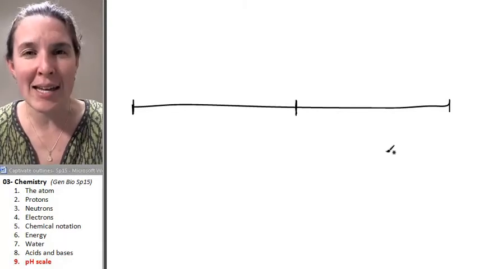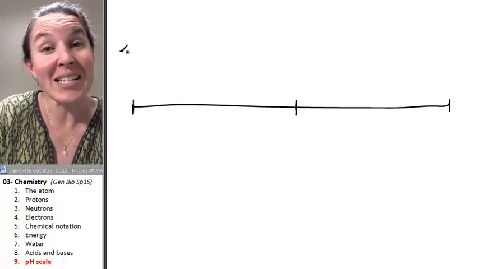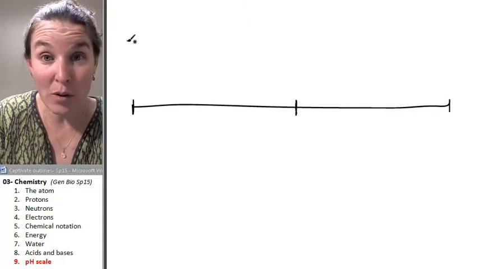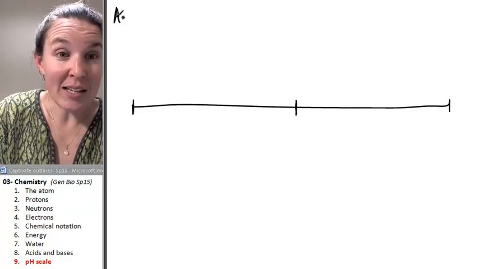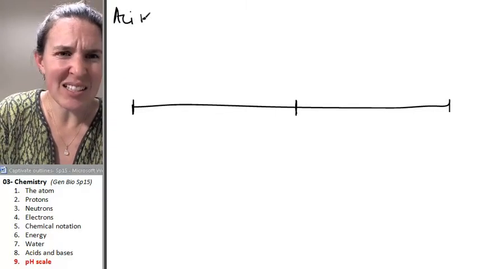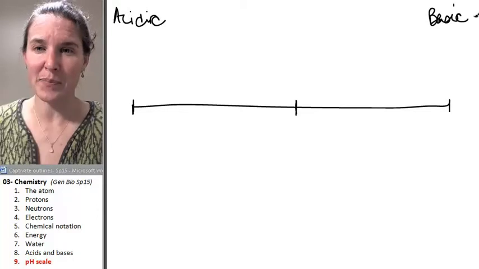Label one end acidic and one end basic. It doesn't matter which end you label. I'm going to randomly choose this side to label as acidic, and this side as basic.